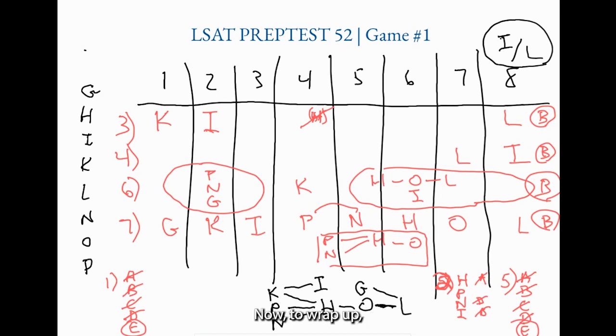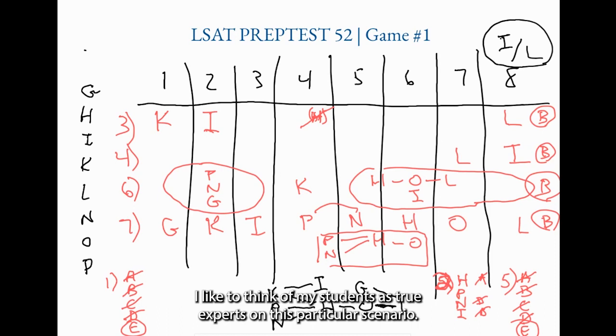Now to wrap up, admittedly, it takes a relatively long video to explain all of these choices. All of these questions, I should say. But it, of course, won't take you that long with practice because you won't be narrating it the entire time like I have. With loose sequencing, we've gone through the best way to set up the web, to think about the first and last, and then to order the questions and diagram them in such a way as to gradually and consistently increase your understanding of the game as you go through it.